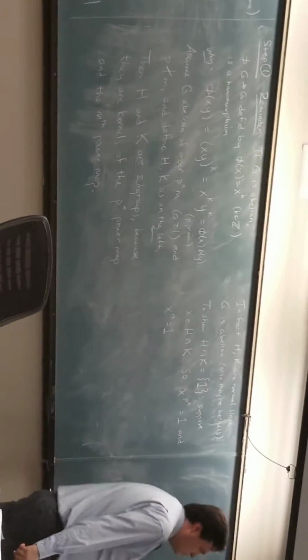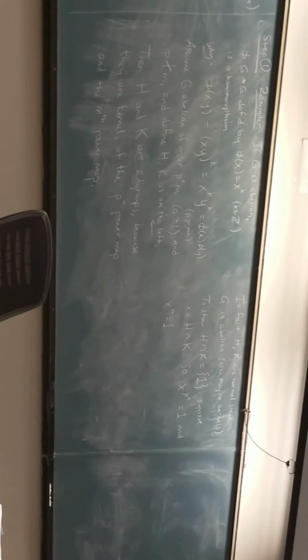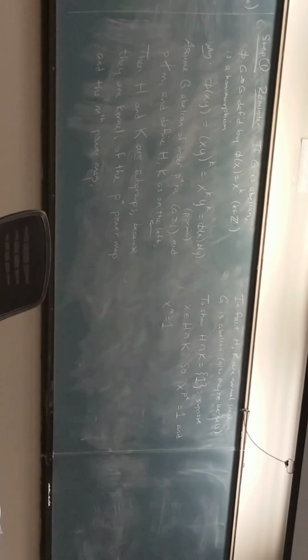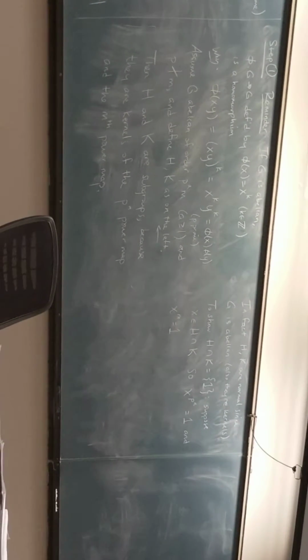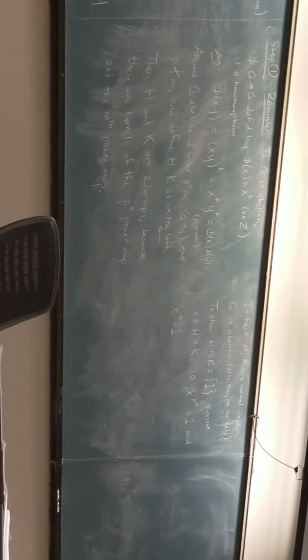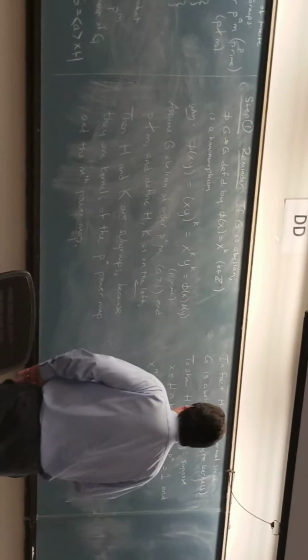Now I'm going to ask you for a little input here. What does that tell us about the order of X? The order has to divide both P to the A and M. I'm going to write that down. While I'm writing, think about which numbers that could be.